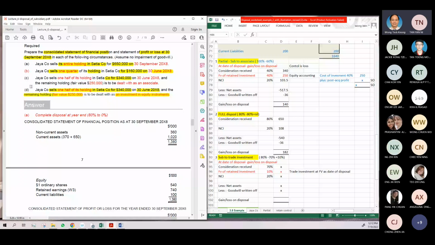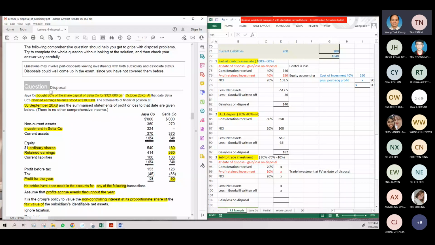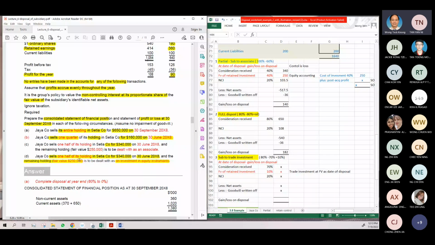You sell 1/2 of the holding. Before you dispose, how many percent of the subsidiary does Zaya hold? You bought 80% of the subsidiary. Now we sell off 1/2, half of it, 40%. 80% sell 40%, remaining 40%. So is this loss of control or retain control?